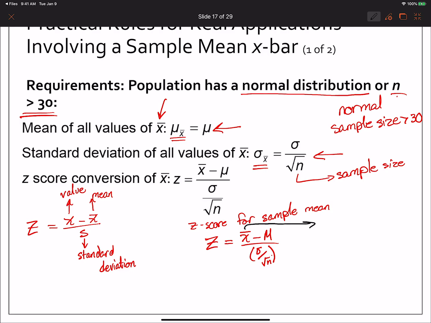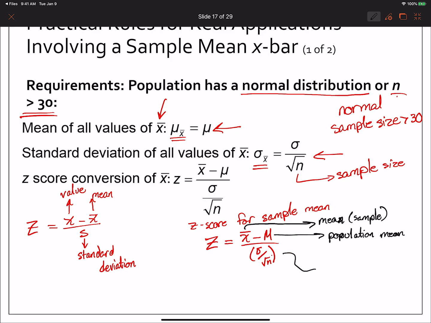This is a statistic, a sample mean. This mu is the population mean.